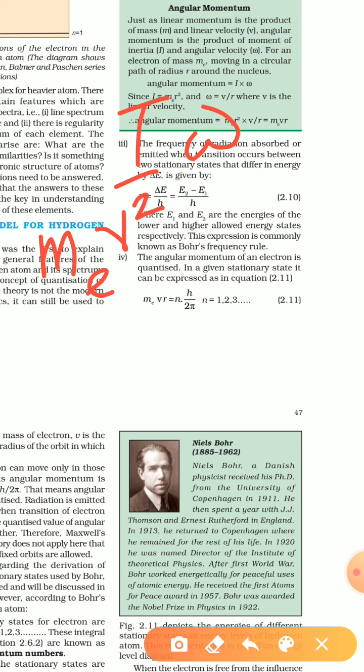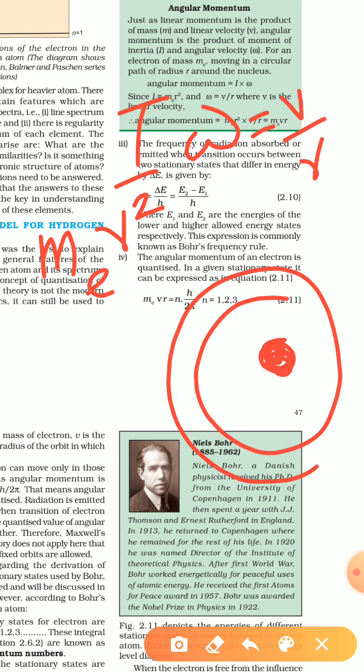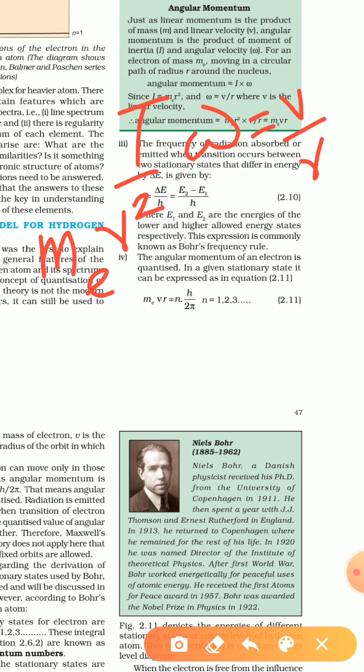Now talking about angular velocity, the formula is omega equal to v by r, because if we consider an object rotating or revolving around something, we always need to consider the radius also. So omega is v by r.